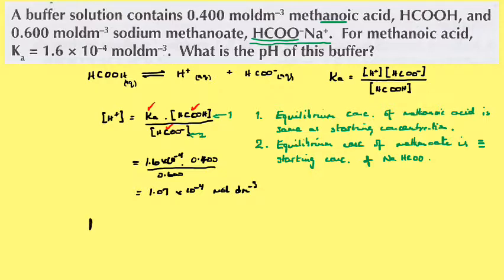We just go back to our pH equation. pH is the minus log of the hydrogen ion concentration, if you remember. And so that is just the minus log of 1.07 times 10 to the minus 4. And that comes out at 3.97. And that's what the question is asking us for.